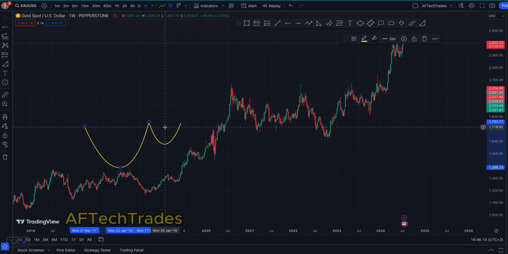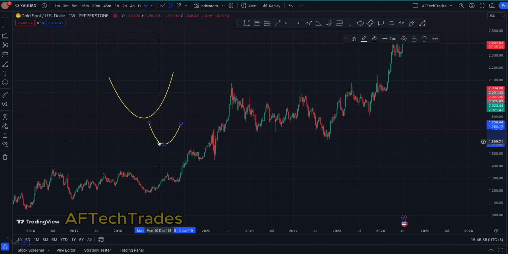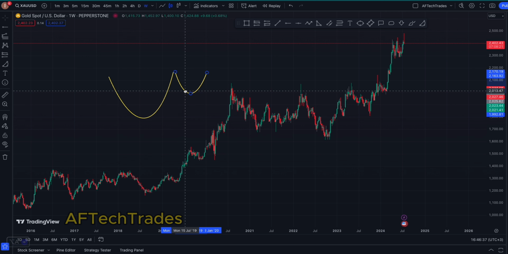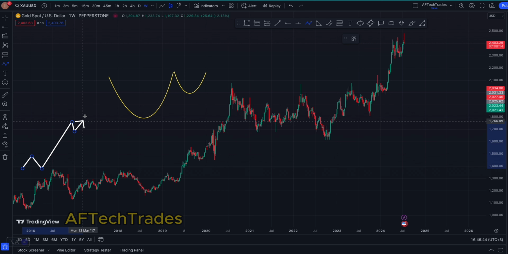The formation, as I said, usually forms after a bullish trend. You have a bullish trend, then followed by a period of consolidation. The consolidation is usually this one, where the price dips. You had a run. Let me move this up a little. Let's assume you had a run of this nature.